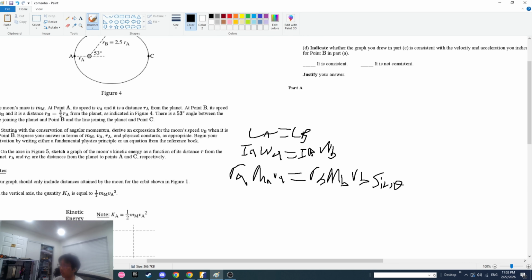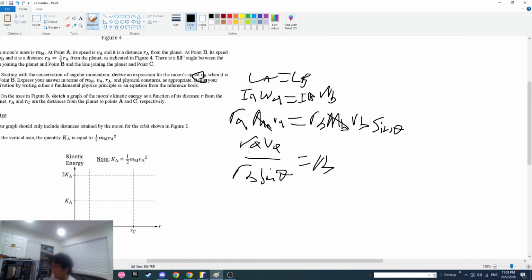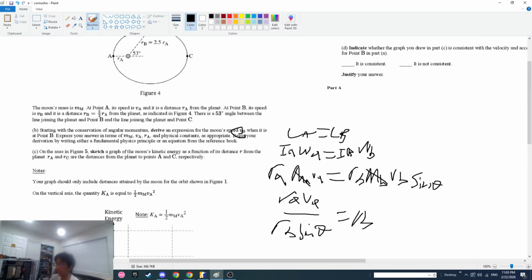And now we're asked to solve for VB. So we actually cancel out the masses because they're the same. So we get R_A V_A over R_B sine theta equals V_B. And here we're given that R_B equals 5 over 2 R_A, and there's a 53-degree angle.